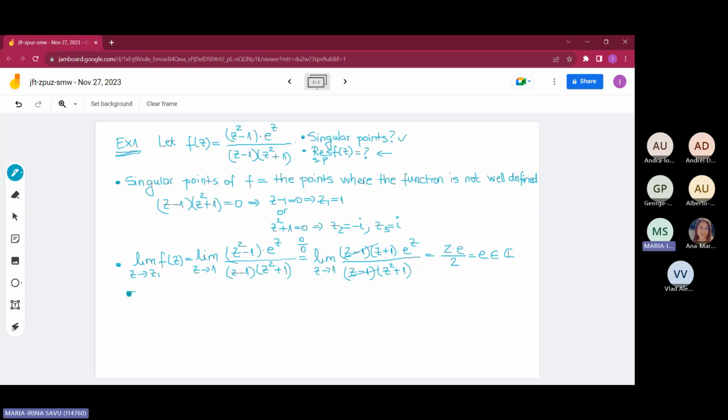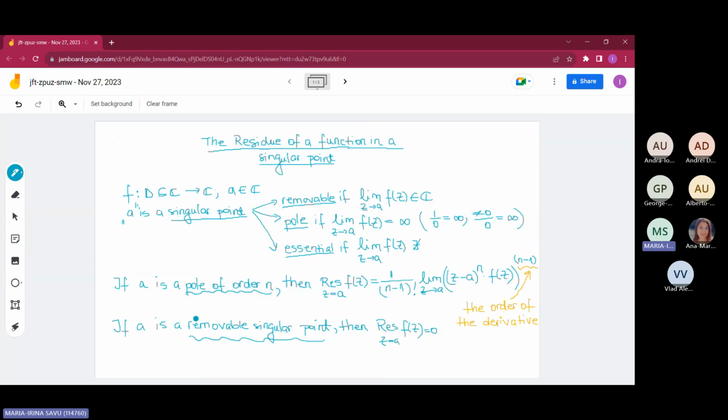So it means that z1 is a removable singular point of f. So for this reason, you have the residue of f of z in z equals z1 is equal to 0.